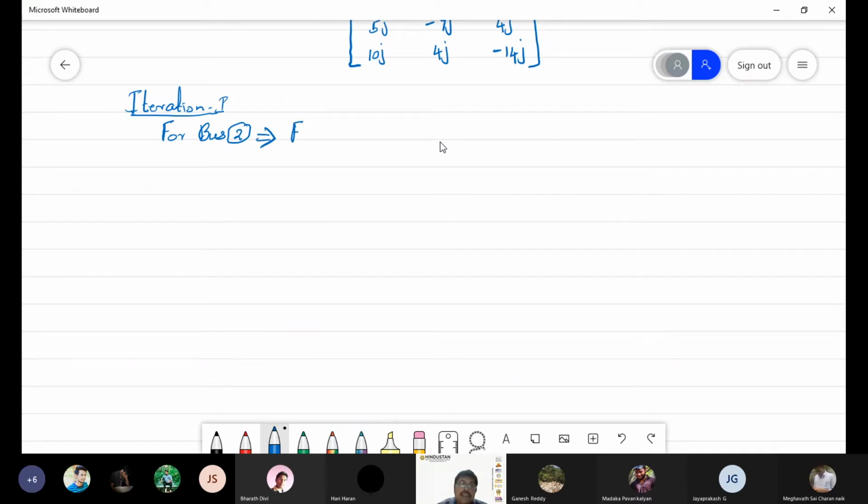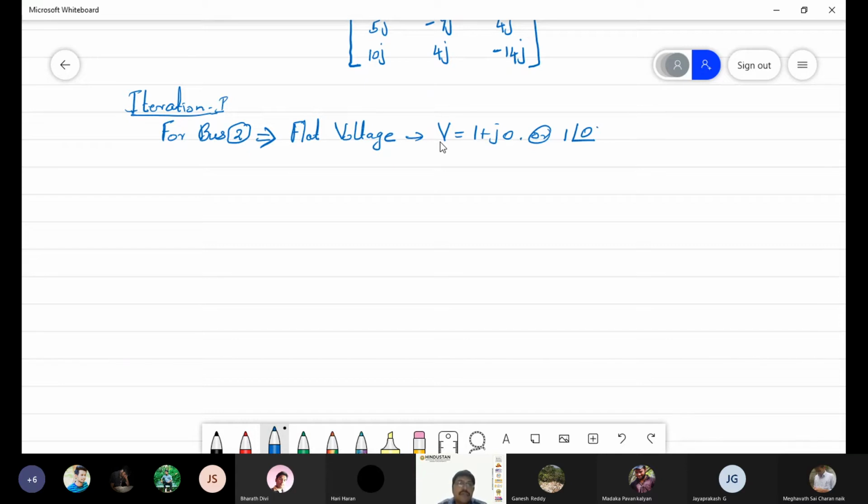So if the values are not given for the voltages, we have to assume flat voltage. Flat voltage in the sense, we can write V is equal to 1 plus j0 or 1 angle 0 degree, right? Both are the same only.